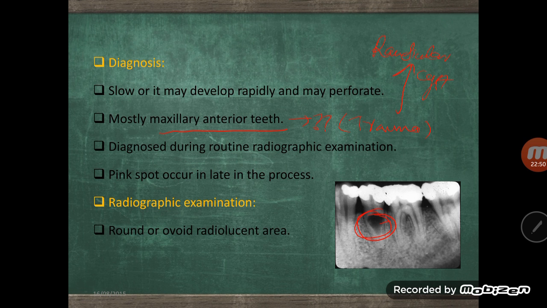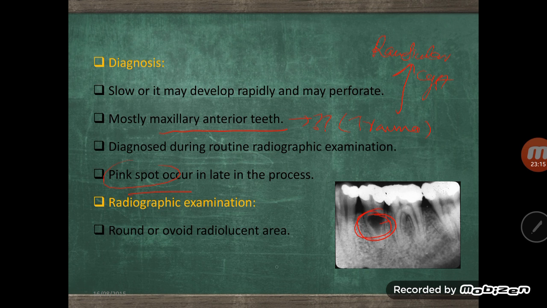It is diagnosed during routine radiographic examination, because the patient is not going to have any symptoms. The first symptom a patient can encounter is a pink colored tooth. That's what he can complain of, but occasionally we see this on the radiograph, and the pink spot occurs in the later stages, which a patient can recognize.